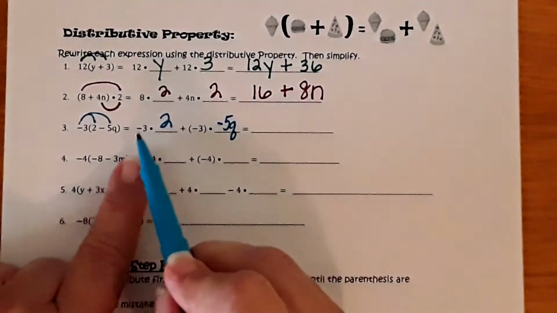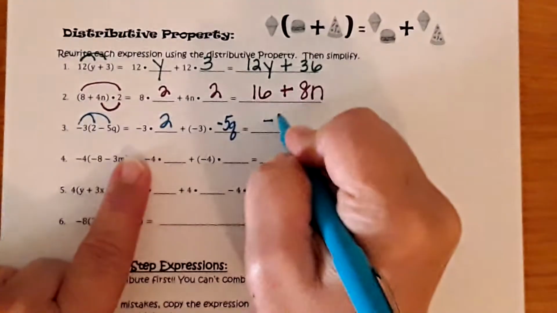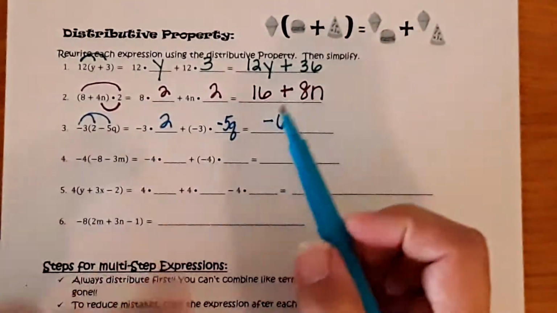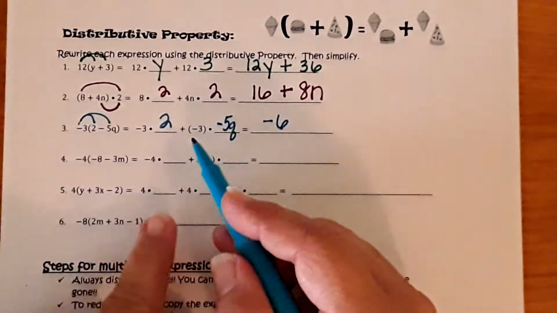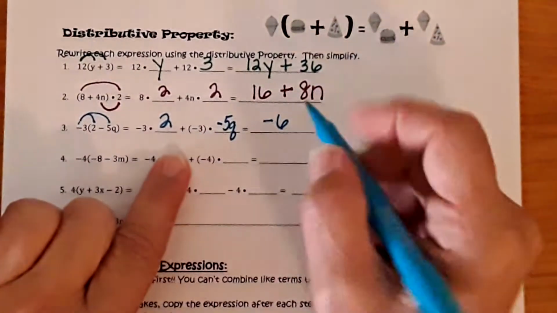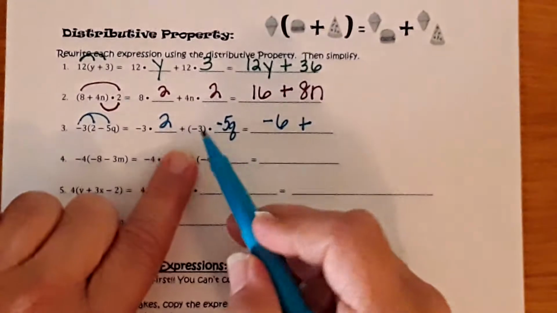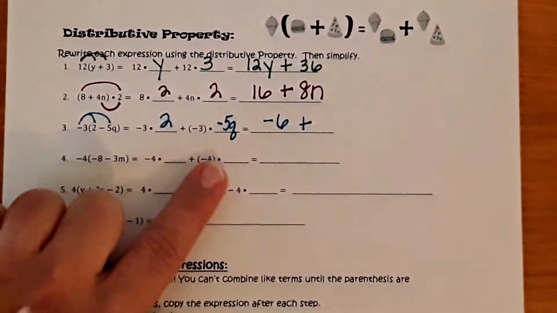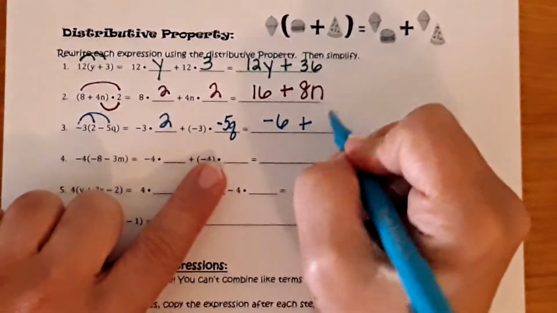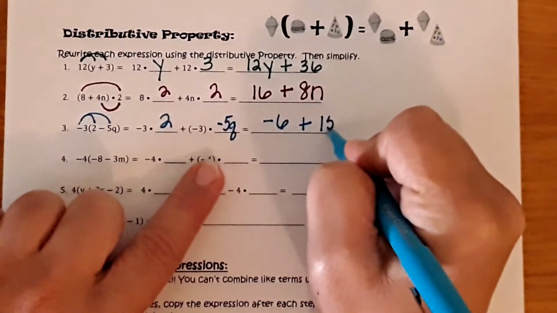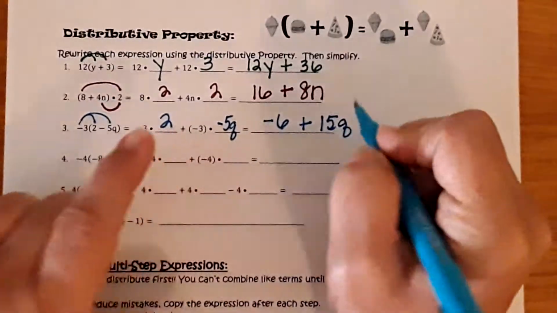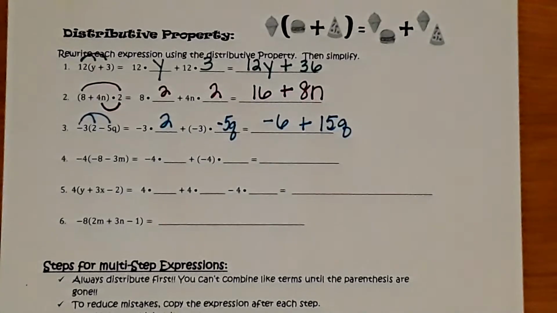Now, negative 3 times 2 is negative 6. Now, you can put the plus there. We'll put the plus there. And then negative 3 times negative 5q is 15q. You guys, you can always put a plus sign, an addition symbol. You just have to remember you got to carry the signs with you.